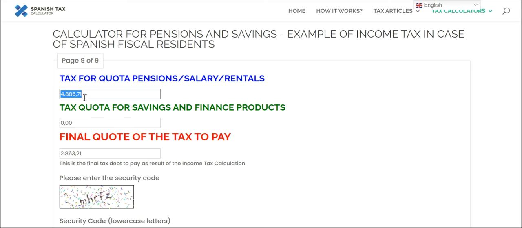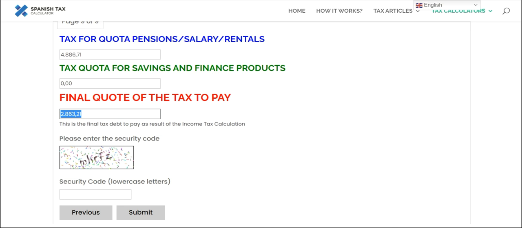That's deducted from the initial personal deductions for your age, children, disability, etc., gives a final quote of the tax to pay of 2,860 euros.